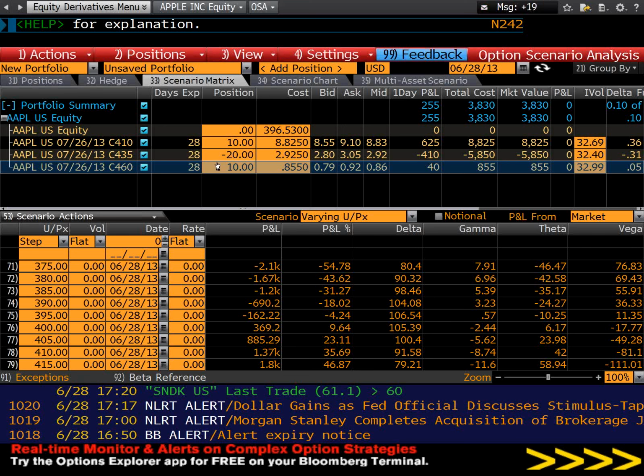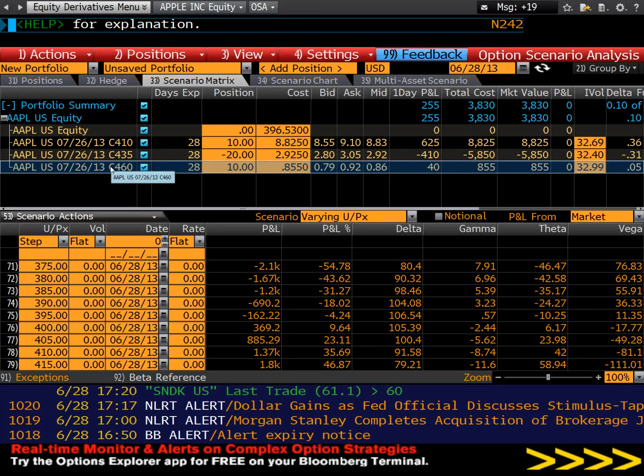But okay, so a butterfly simply consists of going long a given strike, 410 in our case, and we'll use 10 contracts, shorting twice as many of another strike, and you can choose whatever you want. We'll stay with the 435s.